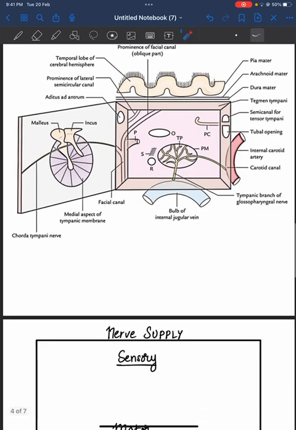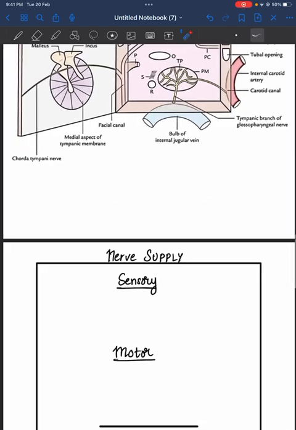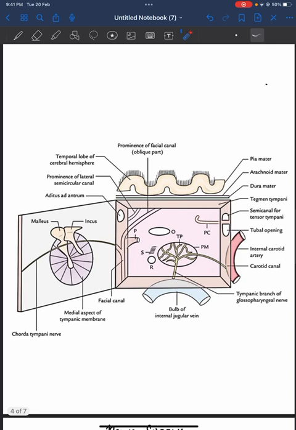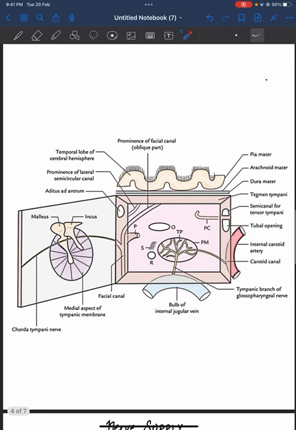Then you'll also be writing the contents, like the anterior wall contents. What are they? Write these 3. Just draw this diagram and write down what you have drawn in it, and that is enough, and you can score very high marks.